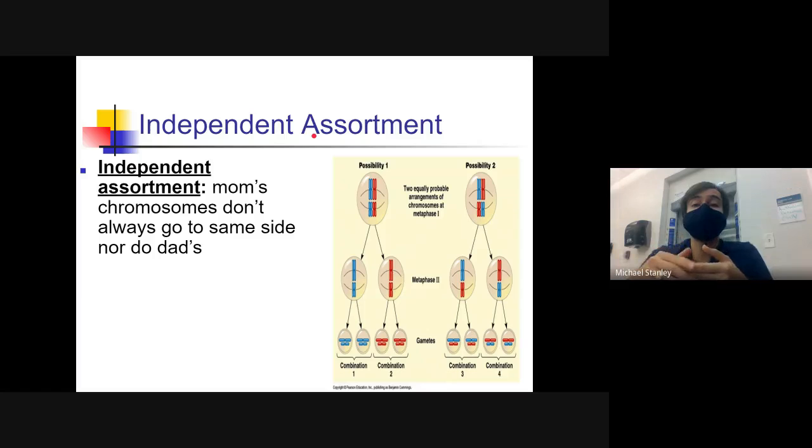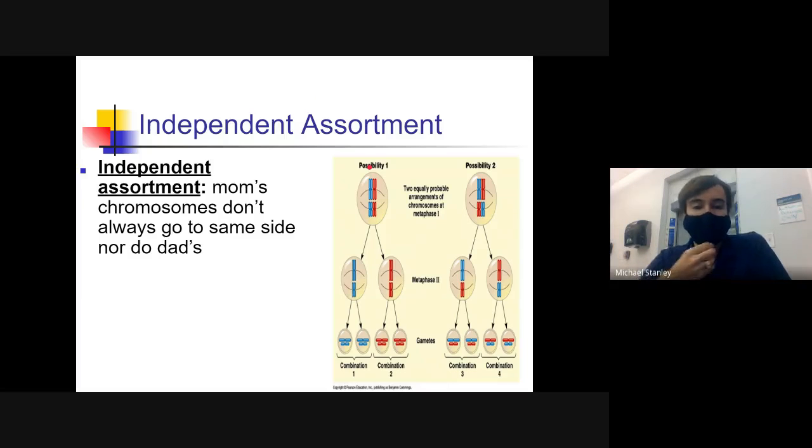So it's not like you have your mom chromosome and your dad chromosome, and all of your mom's chromosomes are going to get grouped together, and all of your dad's chromosomes are going to get grouped together. We could potentially pair up any single copy of any chromosome with each other.